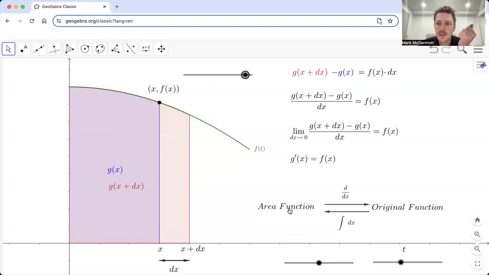It relates the area function to its original function. The derivative of the area function is the original function, and therefore the antiderivative of the original function must give us the area underneath the curve. Hopefully you can see how that logic combines to give us the fundamental theorem of calculus.